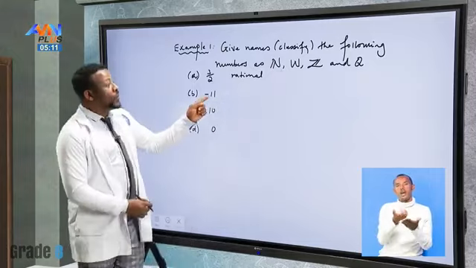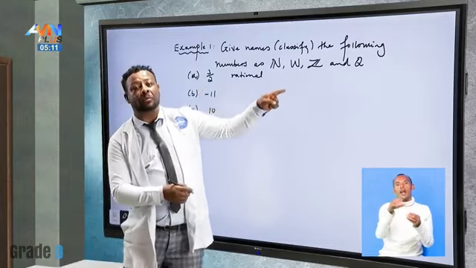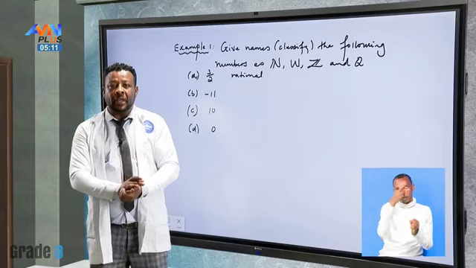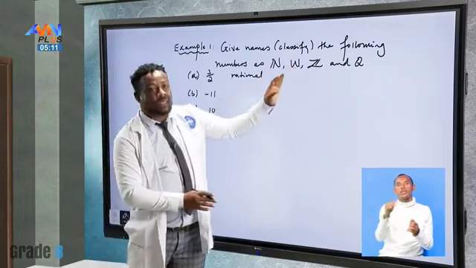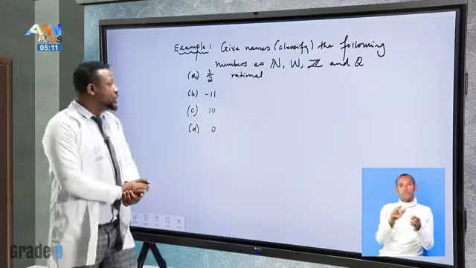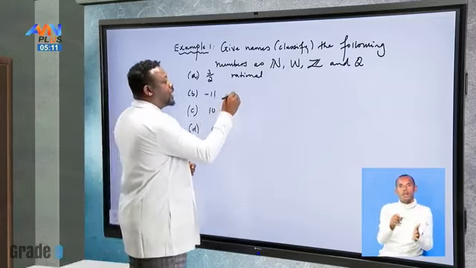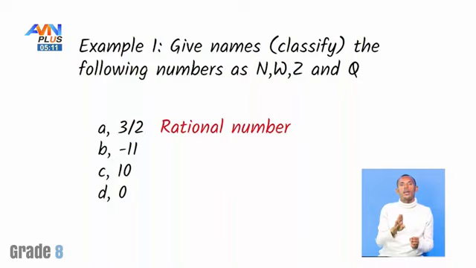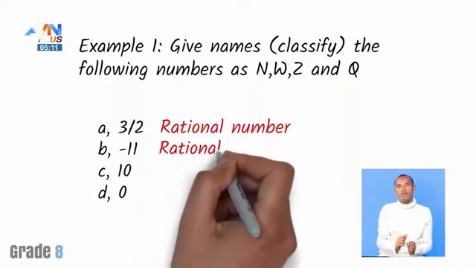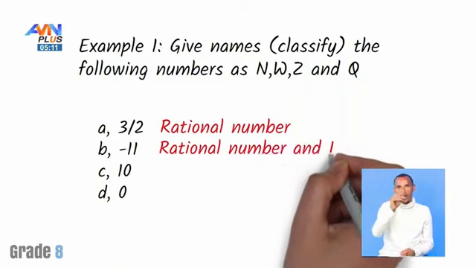It's an element of integers, and it's also an element of rational numbers. Every integer is a rational number, right? Every member of these three sets can be a member of rational numbers. So minus 11 can be considered as a rational number and an integer. You can give the naming as rational number and integer, right?